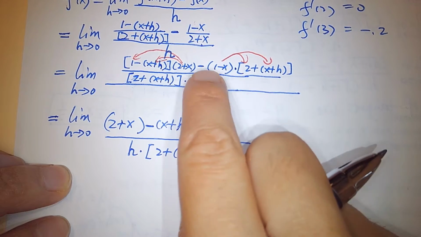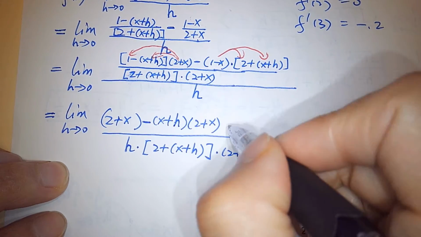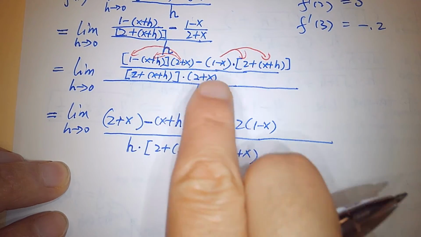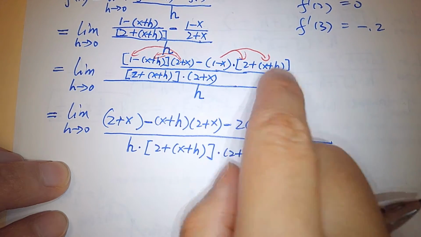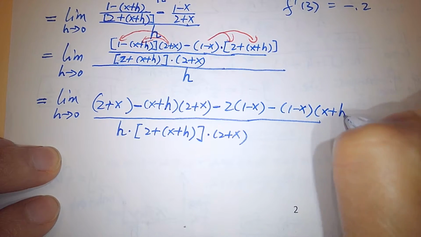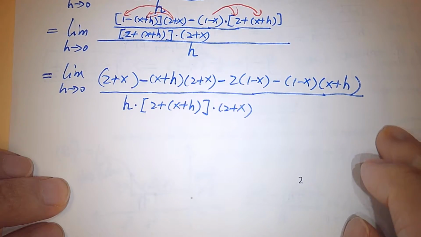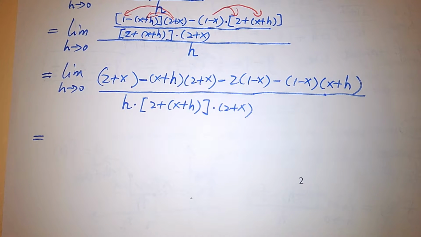See here, careful. Negative 1 minus x times by 2. Negative 2 times by 1 minus x. Negative 1 minus x times by x plus h. Yeah, please make sure you're good for this line.